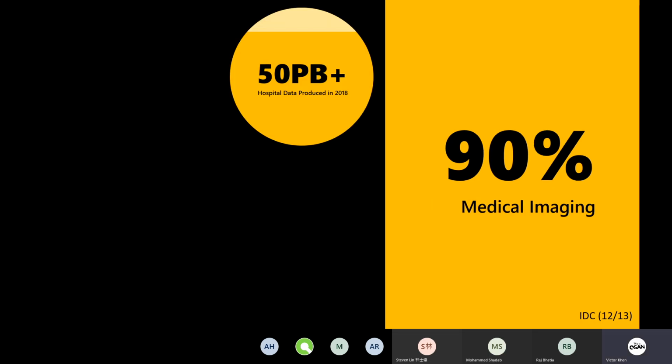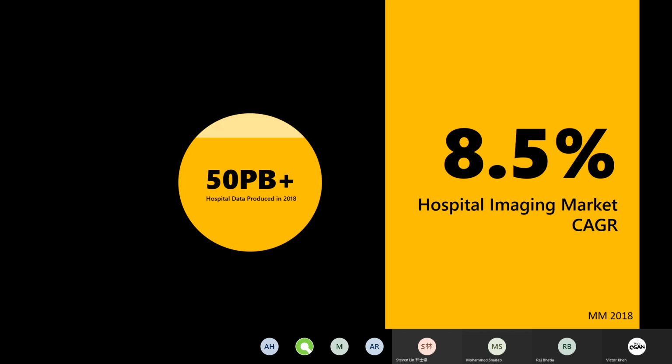And the interesting thing about this 50 petabytes is that 90% of this data is coming from medical imaging, again according to IDC research. The overall market for hospital imaging solutions is expected to grow at an 8.5% annual rate, which is interesting. It's a good industry that's still growing very fast.